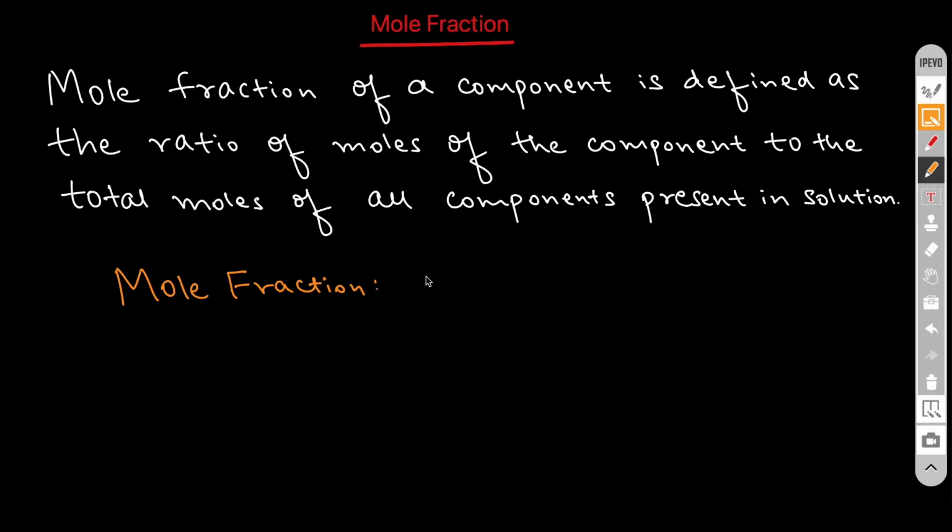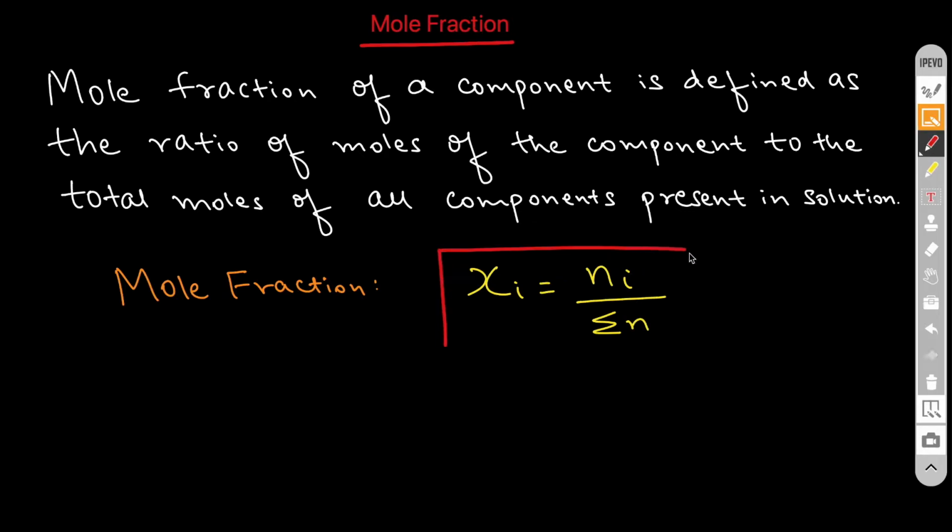We write mole fraction as Xi. This is how we denote mole fraction of the ith component. Xi is equal to Ni divided by sigma n. This is important.